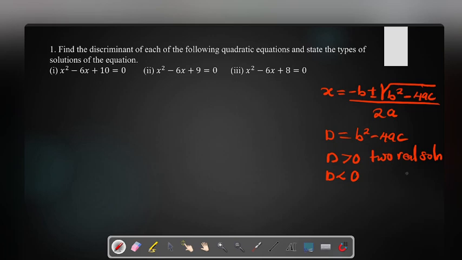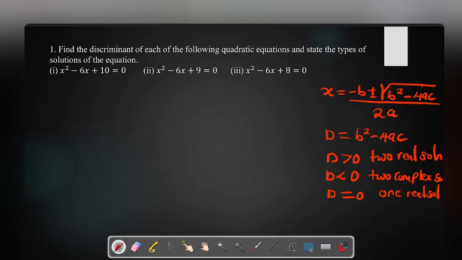If the discriminant is less than 0, you're going to have two complex solutions. If the discriminant is equal to 0, you're going to have one real solution.